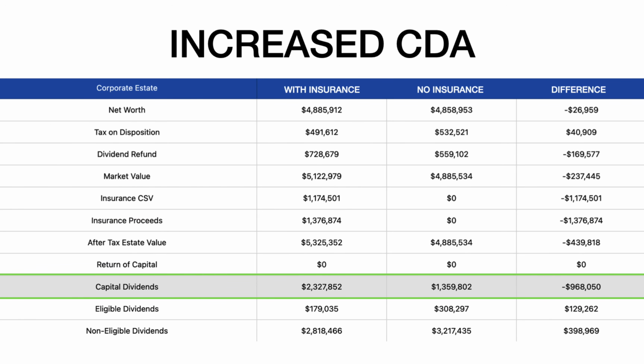So with insurance there's almost 1.2 million, and then not having any insurance, there's no money coming to this company. So all that money is flowing into the company and then out through the capital dividend account. So there's no other tool that does this, meaning flowing money out of a corporation, better than whole life insurance.